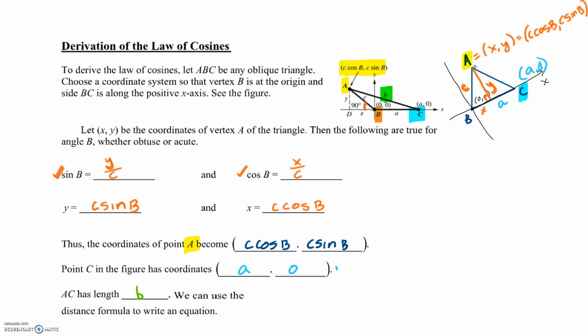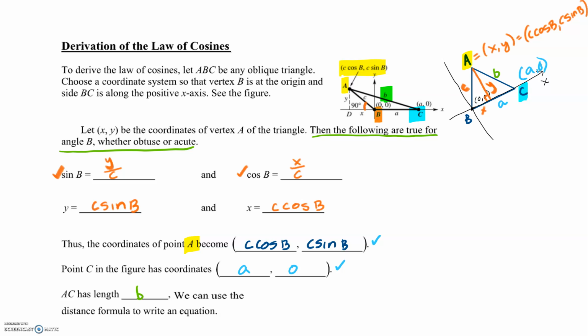We still have these two. And the distance AC is across from B, so that is still b. So we're going to just construct that with B being on the vertex, and C being on the x-axis, and the following are true for angle B, whether it's obtuse or acute.